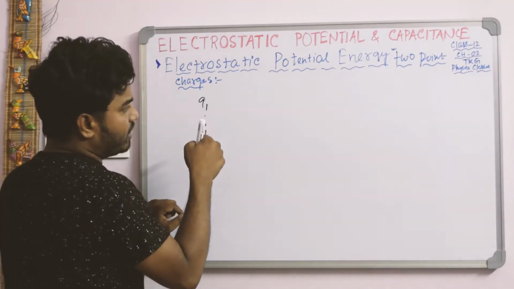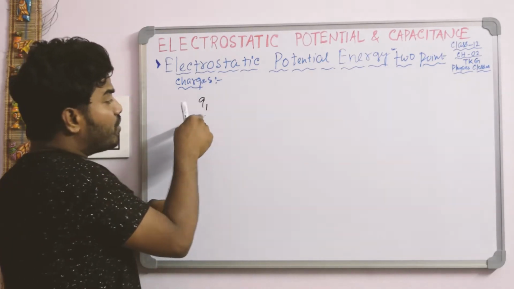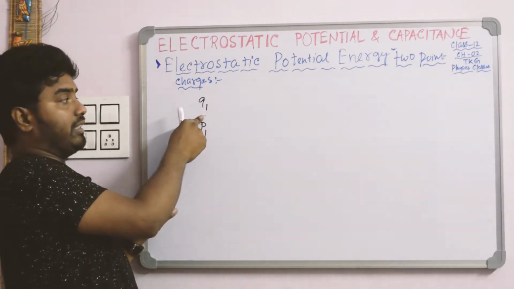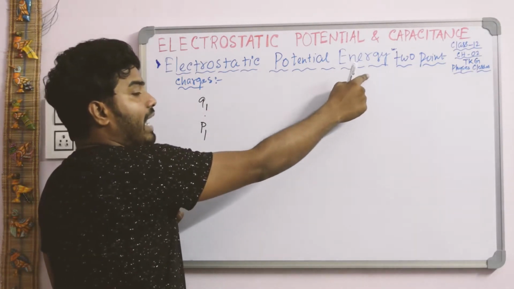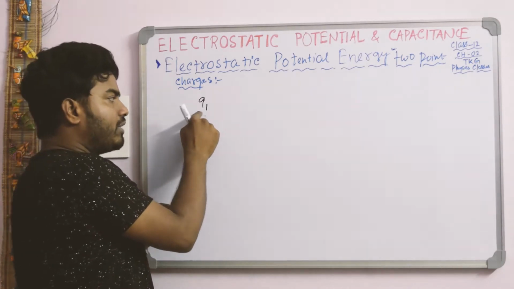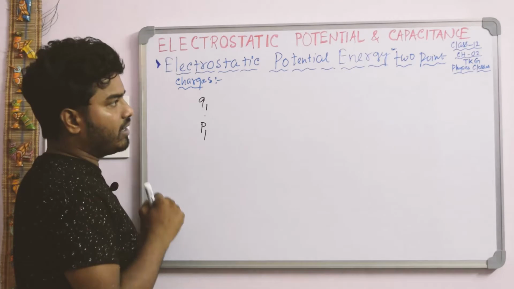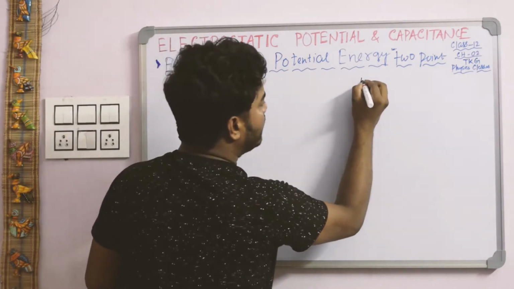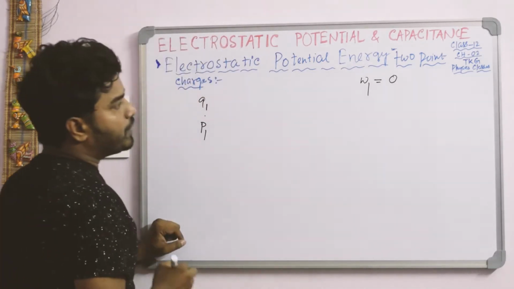In this case the amount of work done is 0 because there is no electric field yet. This charge is moving from infinity to point P1, and at P1 there is no electric field yet. So the work done, W1, is 0.